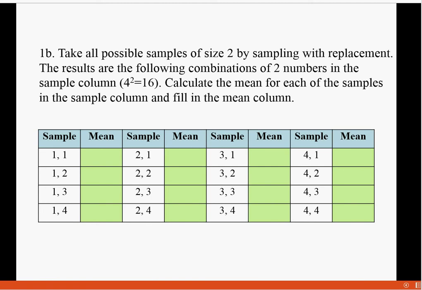So you have all 16 possible samples of size 2. Sample size refers to how many numbers are in one sample. If there are 2 numbers, we say that the sample size is 2.